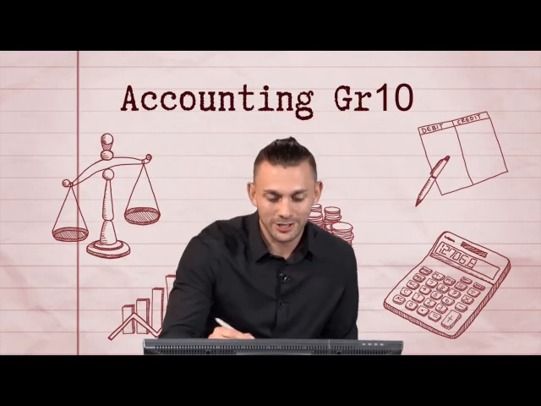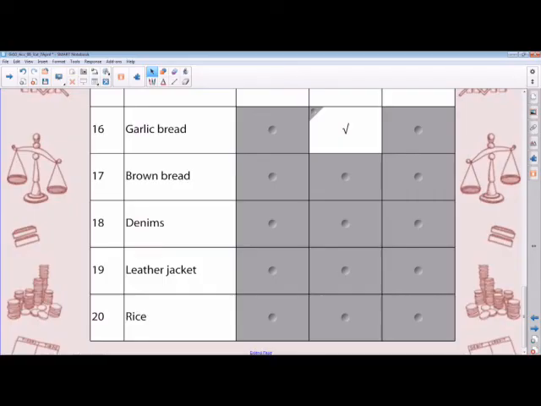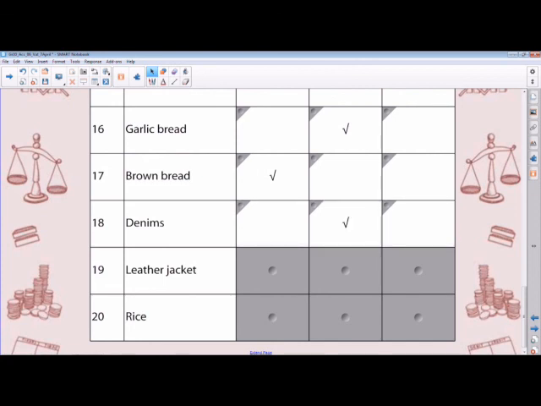Let's look at your answers. So garlic bread, 14%. Your brown bread, 0 rated items. Your denims, again, 14%. Clothing, eh? Leather jackets, also 14%. And then rice, remember, 0%.